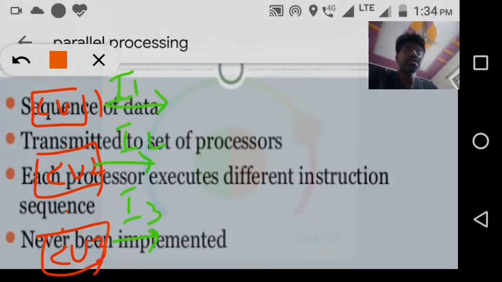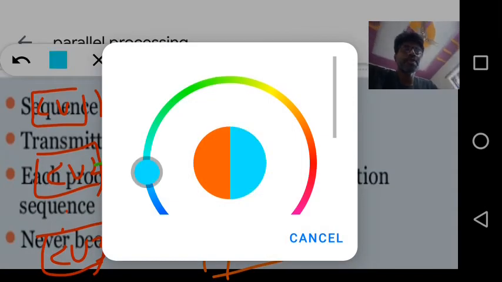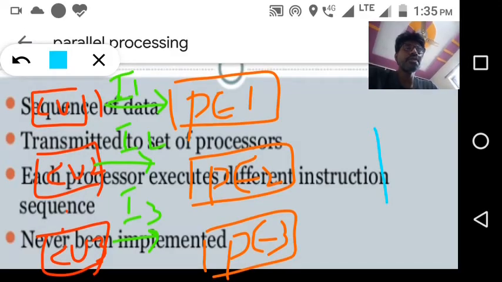And this is my processing element 1, processing element 2, and processing element 3, with multiple instructions on single data. So the memory sends single data to processing element 1. This instruction 1 operates on the single data.